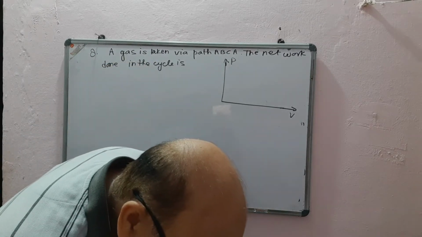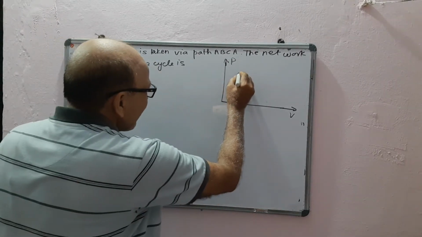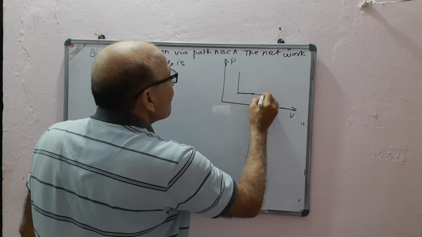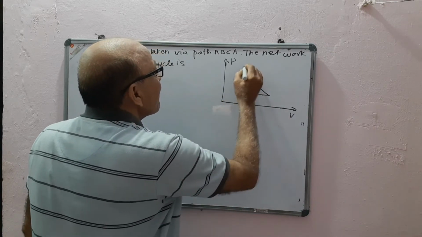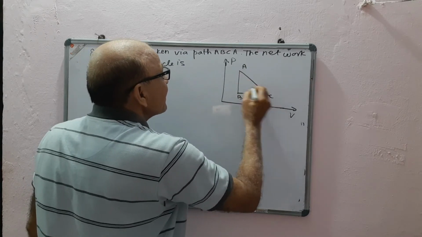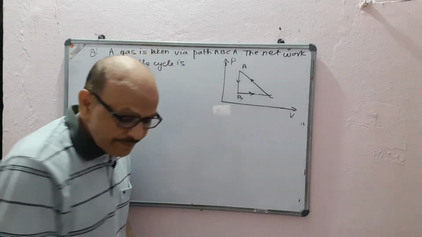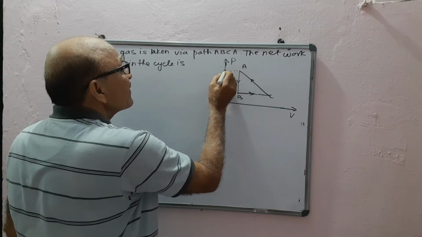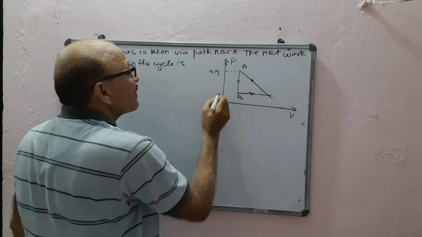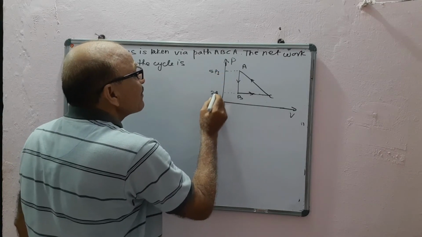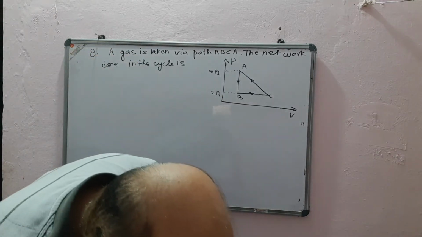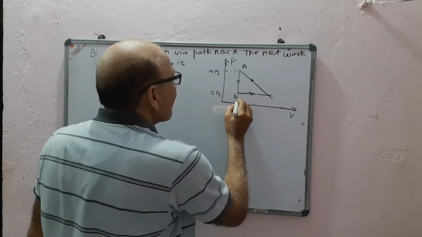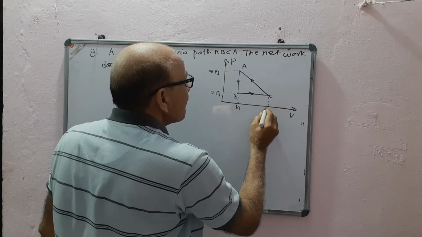The process is ABCA, A, B, C, A. This is 5p1, this is 2p1, this is v1 and 5v1.